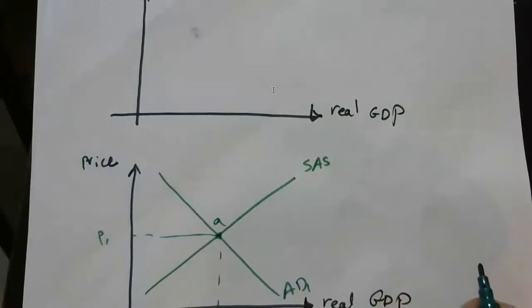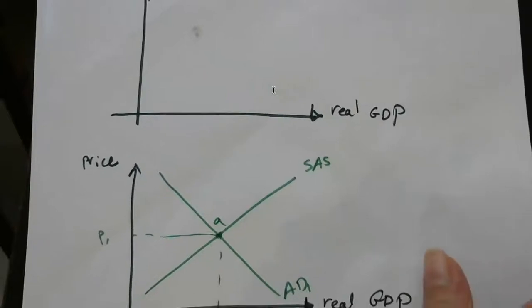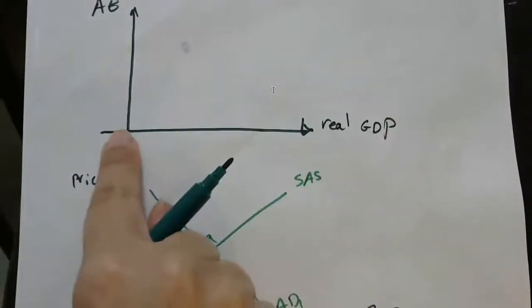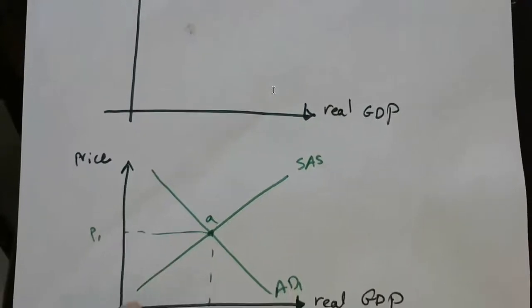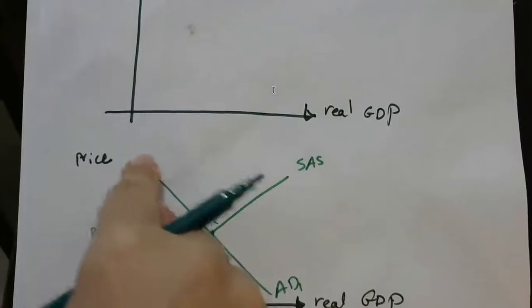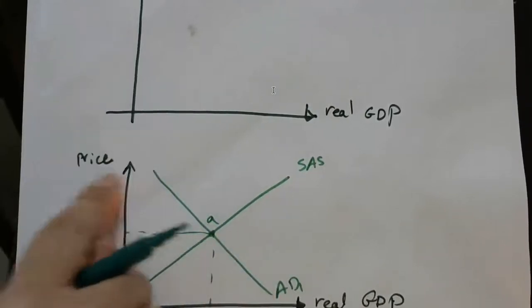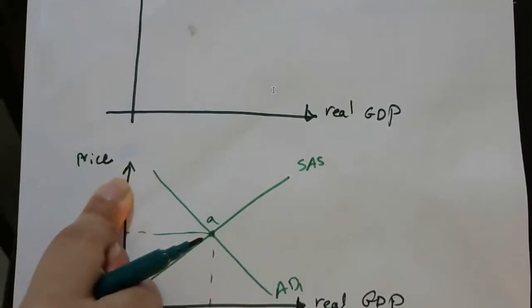Okay. So this is aggregate demand and supply. Actually, it's the same concept as aggregate expenditure, right? You can see that the horizontal axis in both of them is the same. Here is real GDP, here is real GDP. The only difference is that when we show aggregate demand and aggregate supply, here is the price, or the GDP deflator.